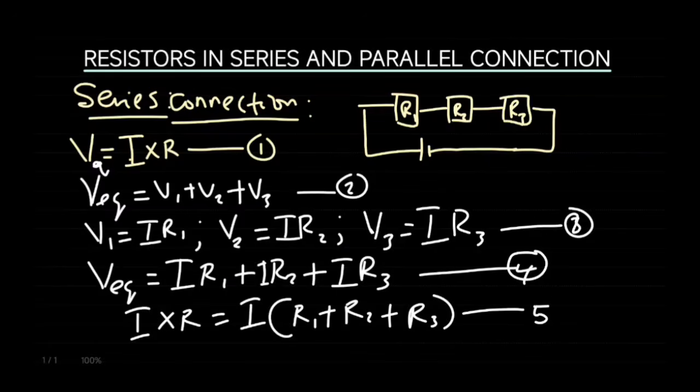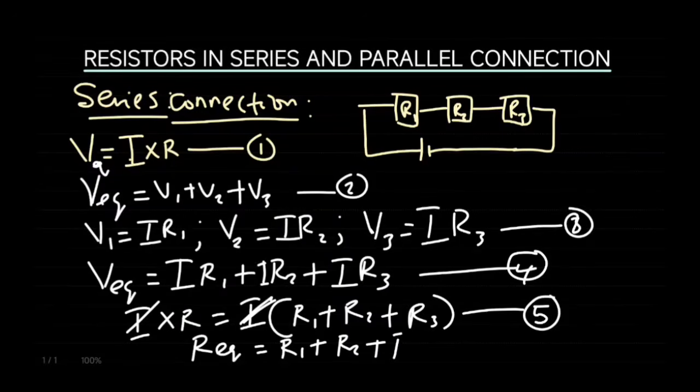This is equation 5. I will cancel I. What's left? R equivalent is equal to R1 plus R2 plus R3 plus Rn, in case the number of resistors was unknown.